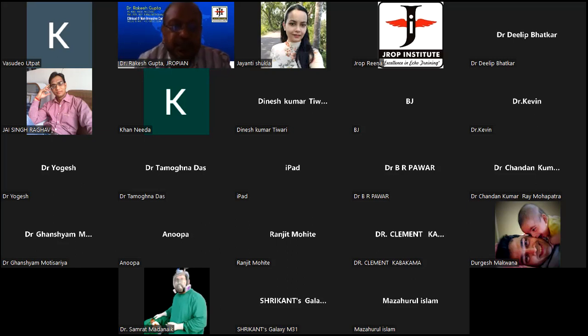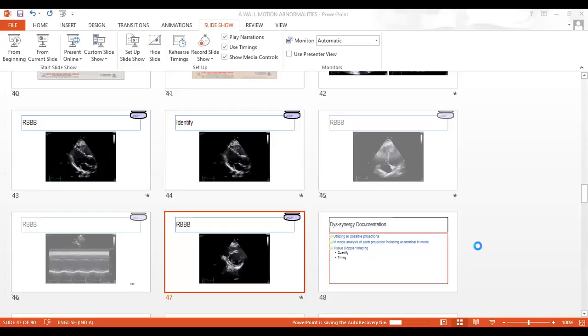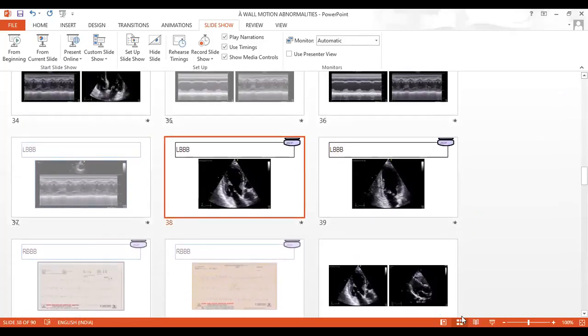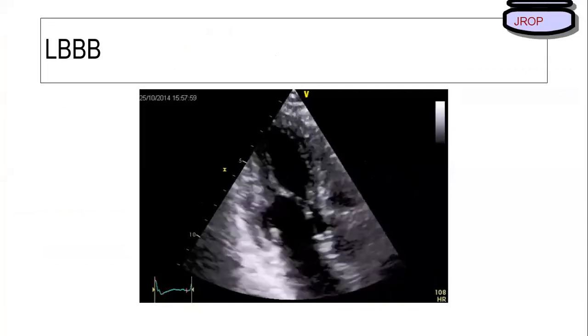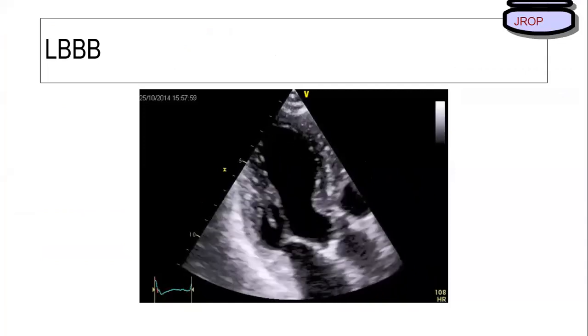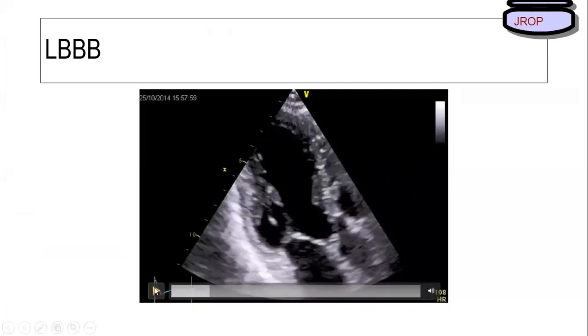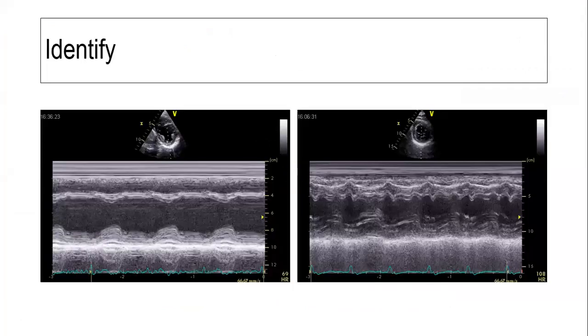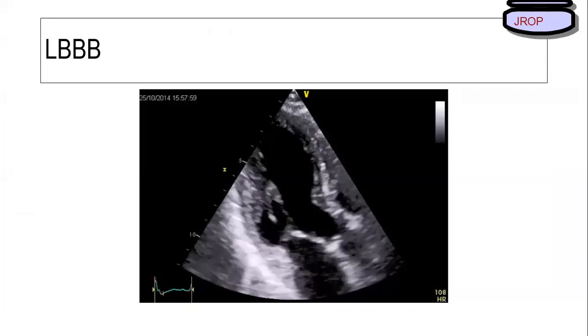My second question is, sir, how to differentiate septal akinesia from the septal dyssynchrony secondary to bundle branch blocks? Okay, so I'll go to my wall motion abnormalities again. Now look at this slide. This is categorically left bundle branch block. Can you see this?